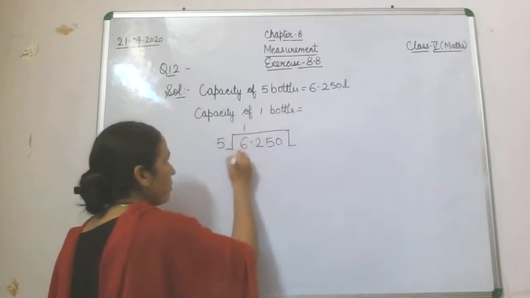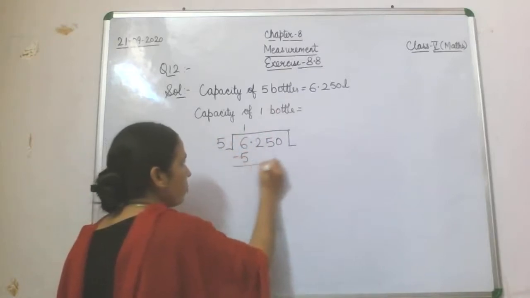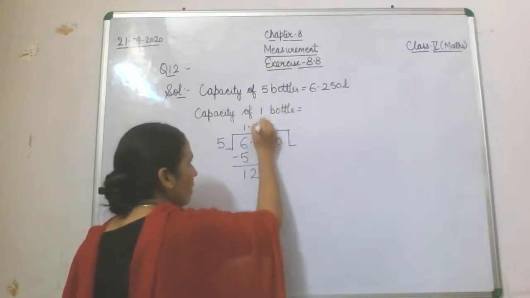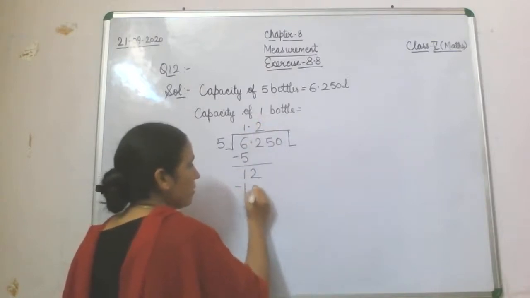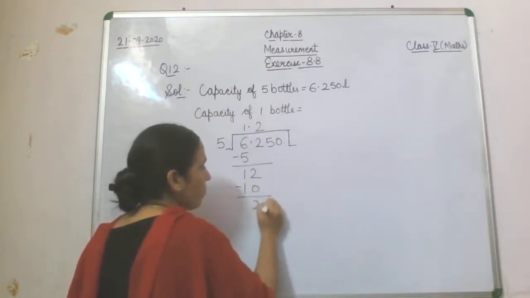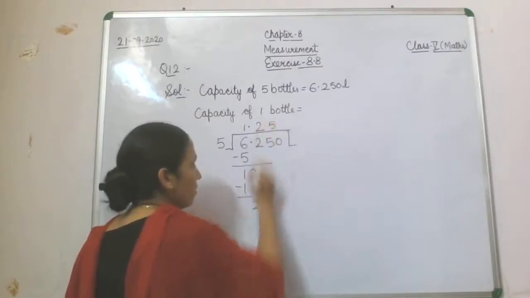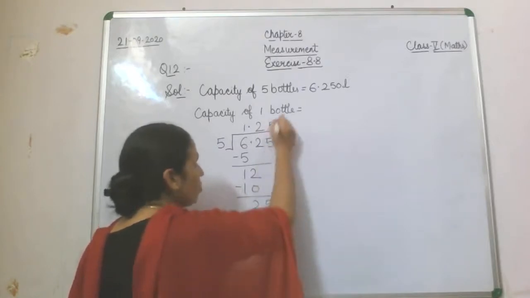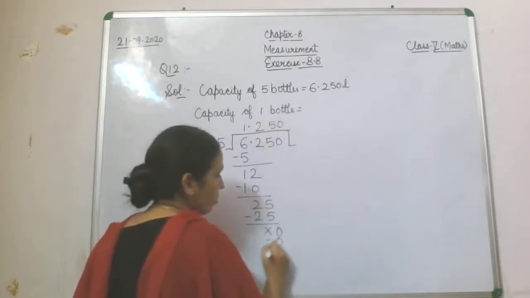Now 5 ones will be 5, 1 will be remaining. 2 will get down, 5 twos are 10, 2 remaining, and then 5 will get down, 5 fives are 25. Then 0 will get down, 5 zeros are 0.